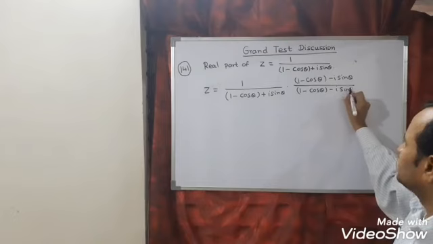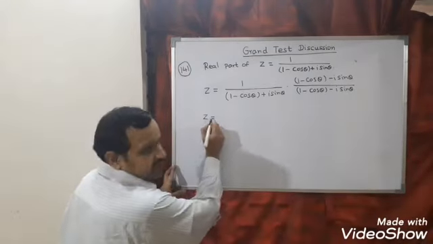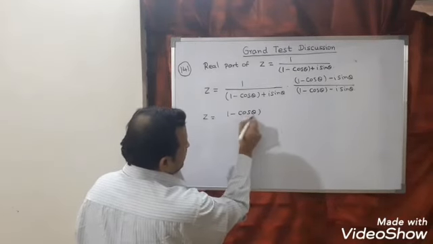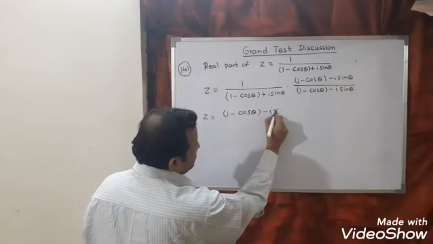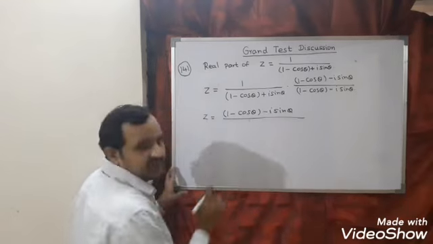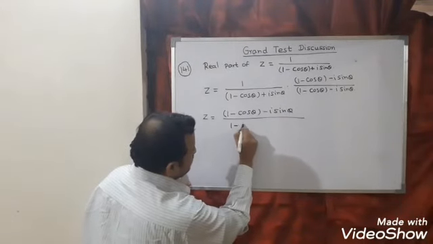Multiply. So z is equal to 1 multiplied by 1 minus cos theta minus i sin theta, whole divided by a plus b into a minus b, which is nothing but a square minus b square.